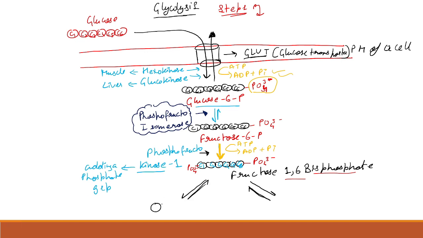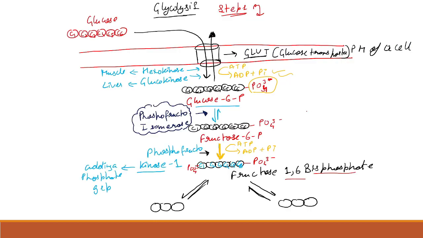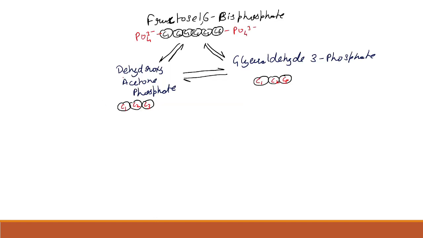Now going further, fructose 1,6-bisphosphate now breaks down into 2 molecules. Let us look at this in the next slide. Fructose 1,6-bisphosphate will break down into 2 molecules, and these molecules are named dihydroxyacetone phosphate and glyceraldehyde 3-phosphate.